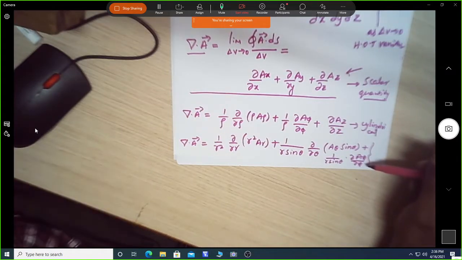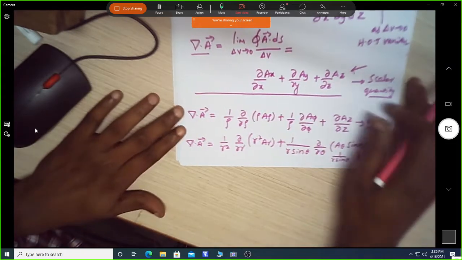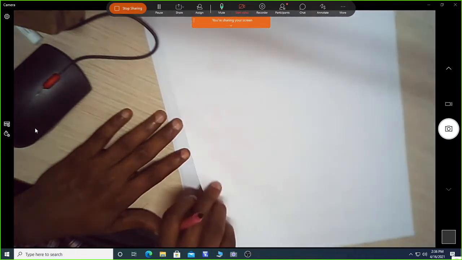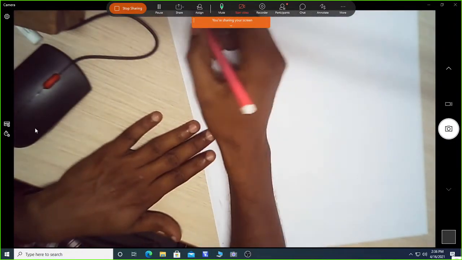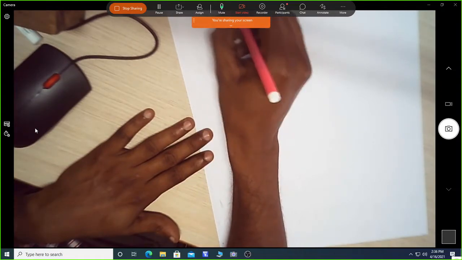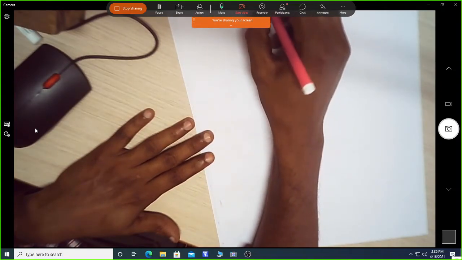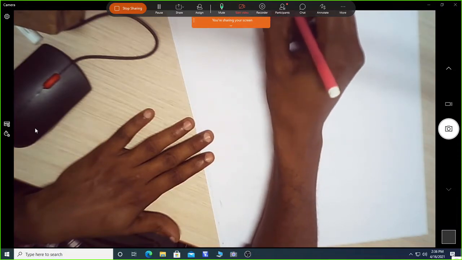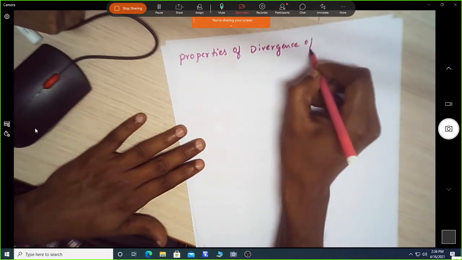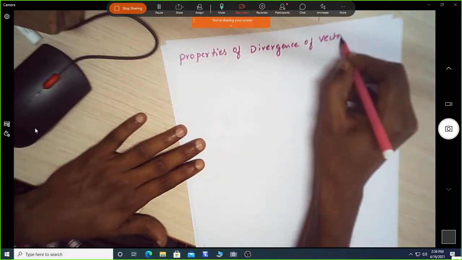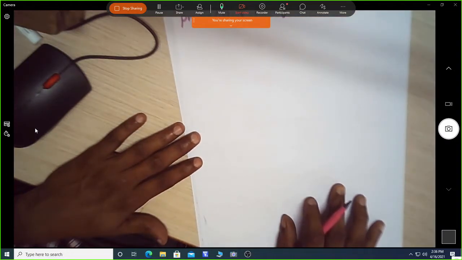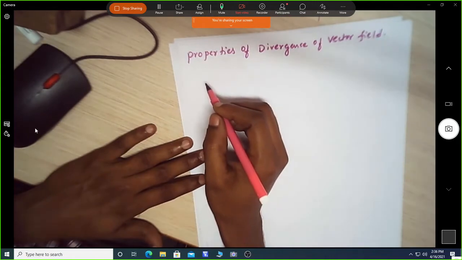Now there are some properties of the divergence of a vector field. What are the properties we are going to see?